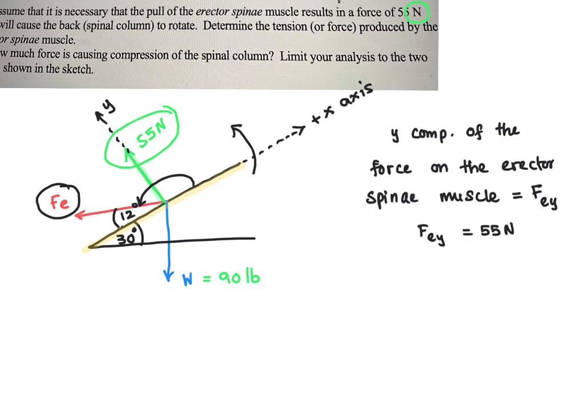So using this, we should be able to find what Fe is. We know that the y component always goes with the sine, right? So let's find what it is.